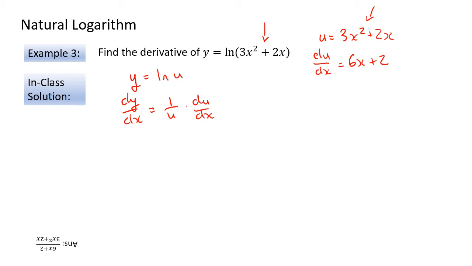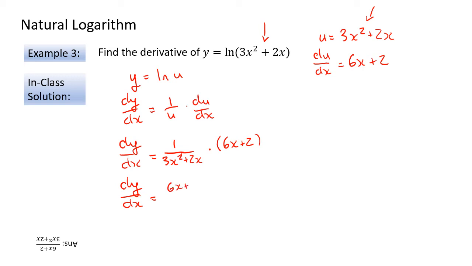So now substituting these in, dy by dx is equal to 1 divided by u, so 1 divided by 3x squared plus 2x, times du by dx, which is 6x plus 2. So combining these into one fraction, dy by dx is simply 6x plus 2 divided by 3x squared plus 2x.